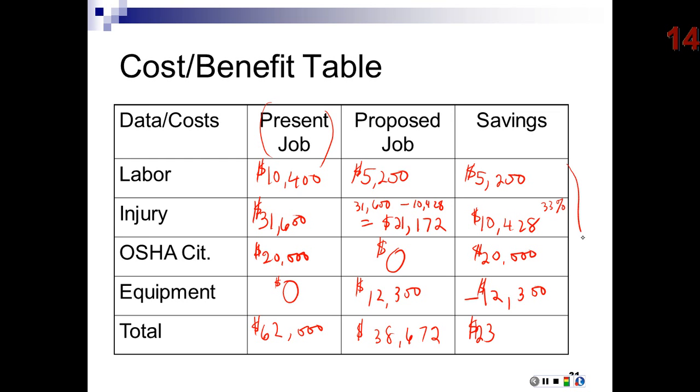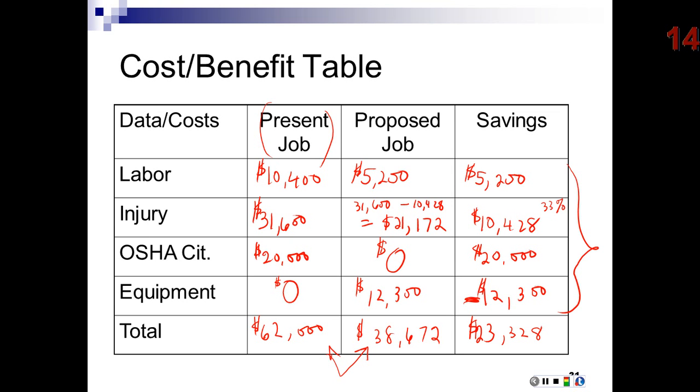You can either add this column, remembering to keep the negative, or you could subtract within the row, but you'll be saving overall $23,328. Okay, so this manipulator should pay for itself. It should save us $23,000 this year. So it would be a good thing to do. You will be saving if you install it.